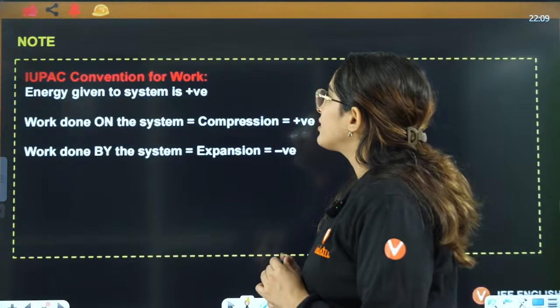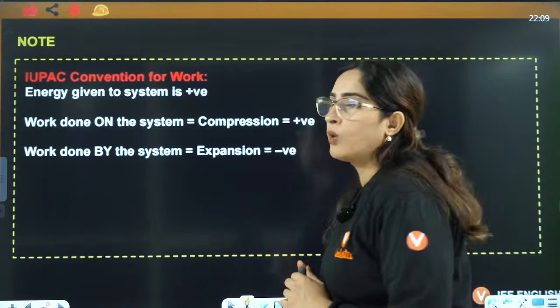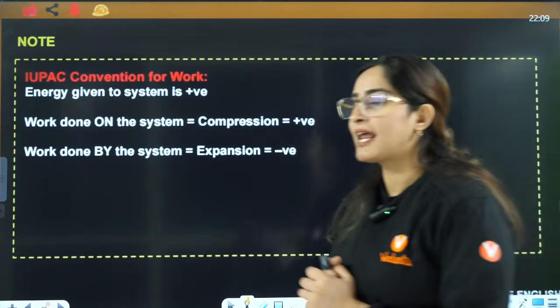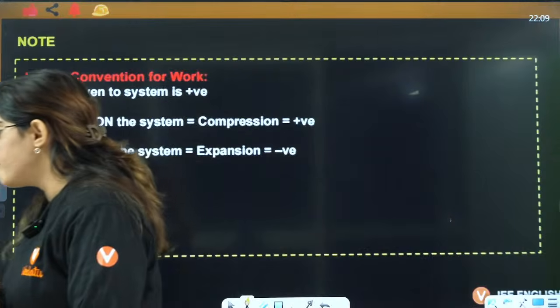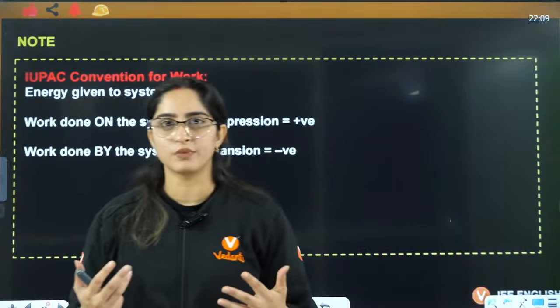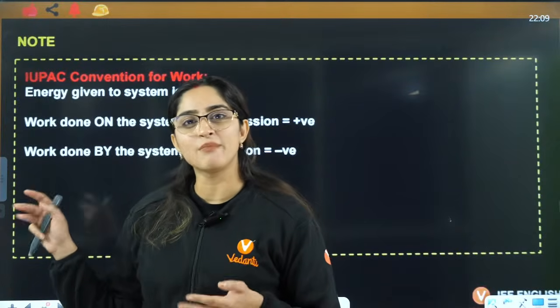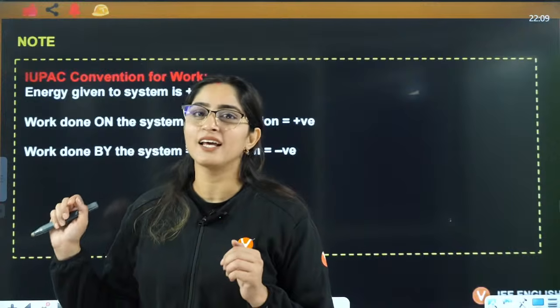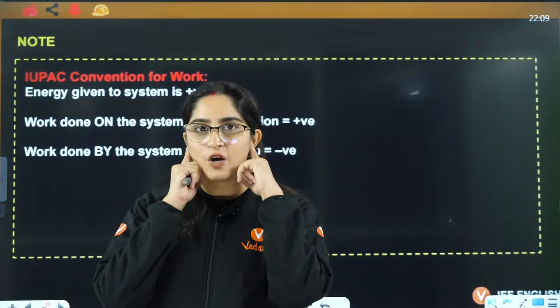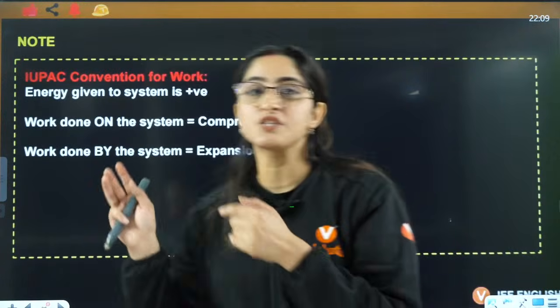So if you talk about the convention for the work, see, tell me one thing. If someone does work for you, ma'am is standing here, all the content ma'am has already prepared, you just have to listen. What if you have to do this yourself?